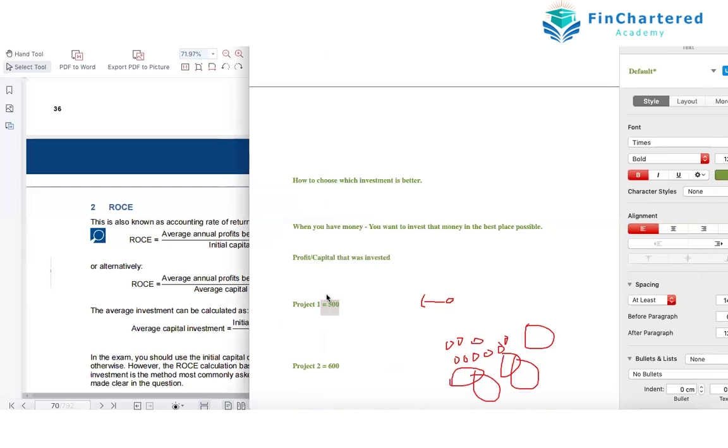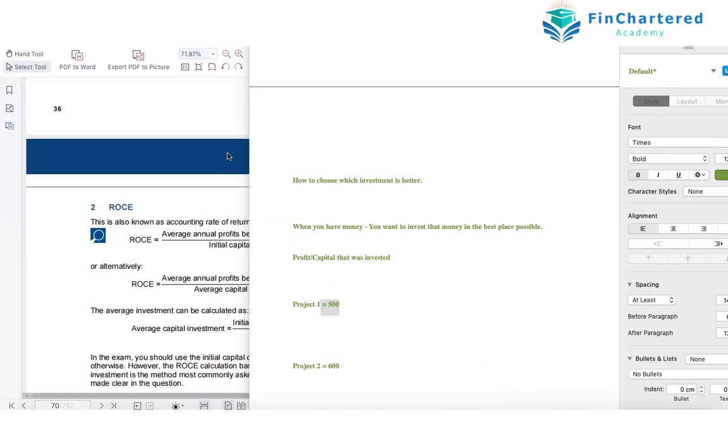You will not just look at profit and decide. You will also have to see this aspect. What was the capital invested? Maybe for project 2, so much capital you are investing and getting only 100 rupees extra. So automatically project 1, as per what you people are saying, is more attractive.